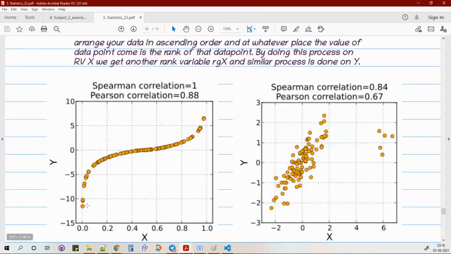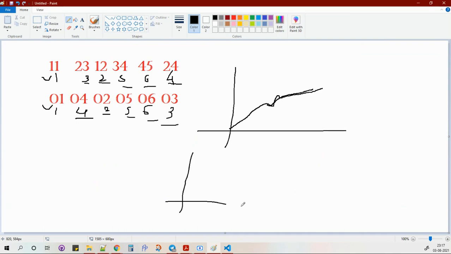And this will show how it's useful. Let's say we have a monotonically increasing function, right? As the value of x increases, the value of y also increases. So the rank for this data would be 1, 1 for x and y, the next 2, 2, 3, 3, 4, 4, 5, 5. So if I take the rank, it has an exact linear relationship like this.